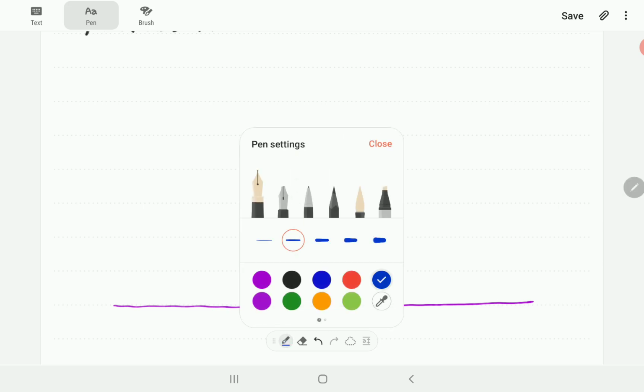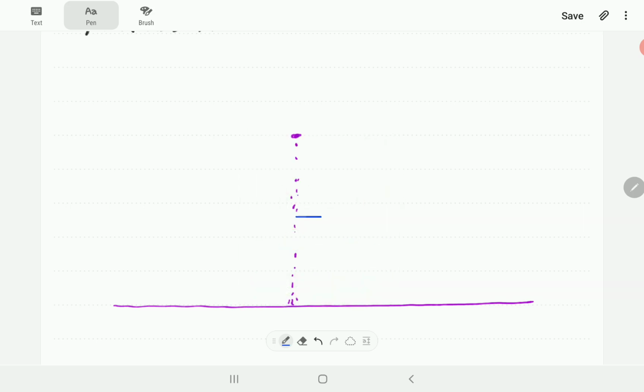So for starters, the midpoint is where we start, so that this distance is equal to that distance.